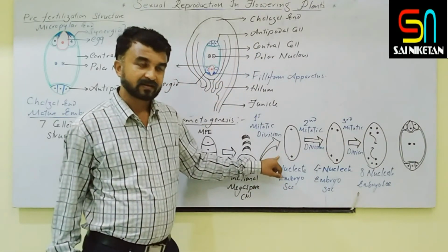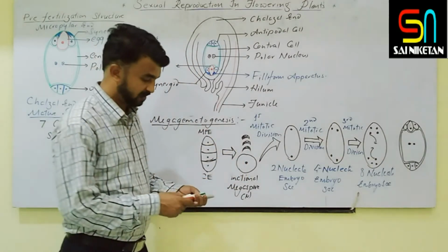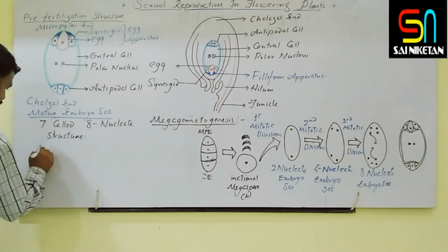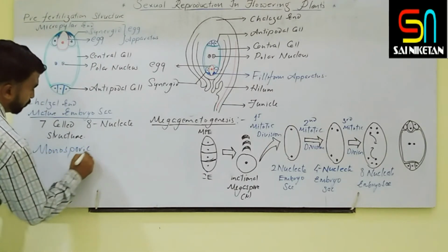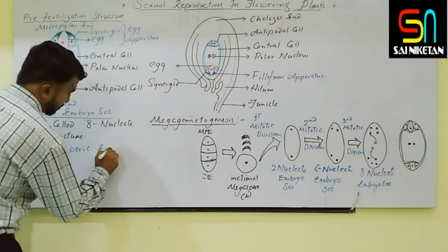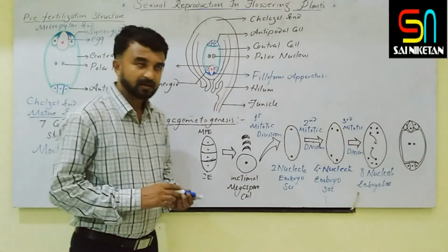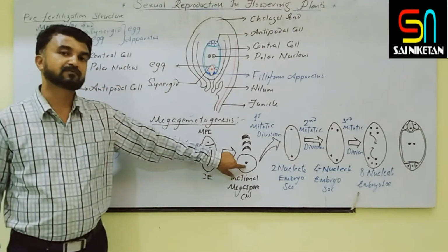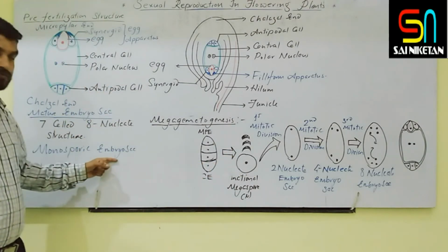If the embryo sac develops from only 1 megaspore, then such embryo sacs are called monosporic embryo sacs.